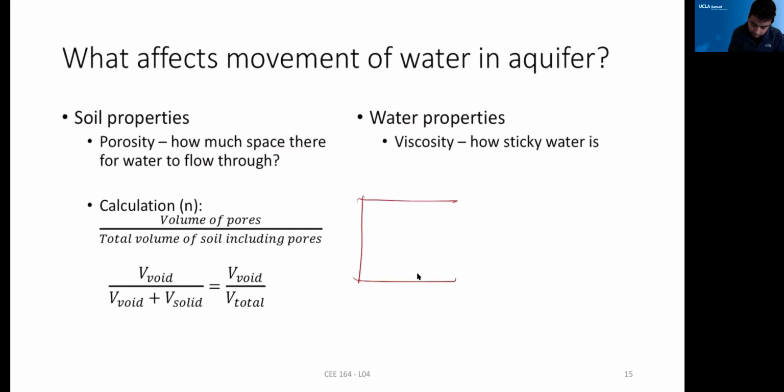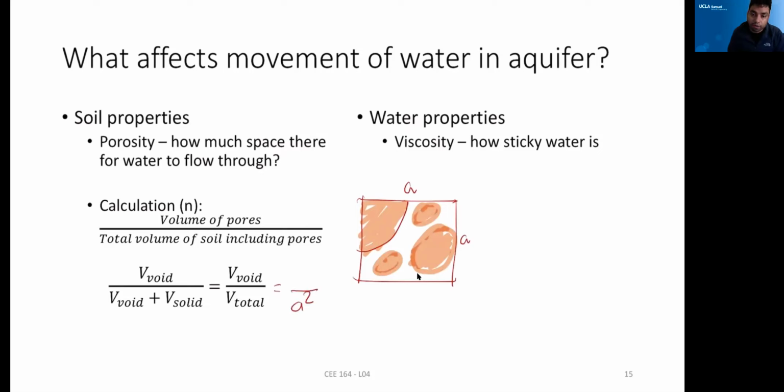So if I take a cross section, think of your particles are here. So all these are particles. And this is, let's say, particles. If I ask you what is the pore space here, then you have to say what's the total volume. If your side is A, then the total volume is A squared.